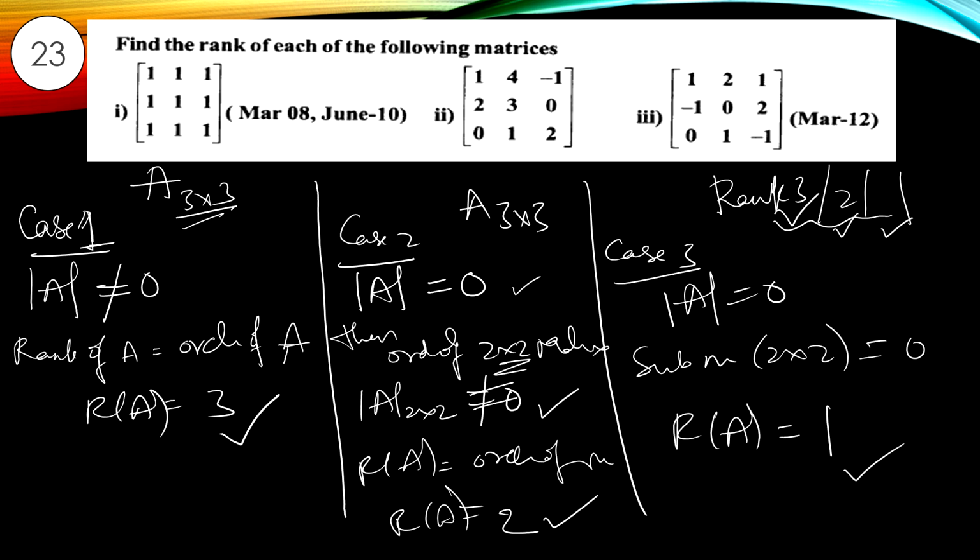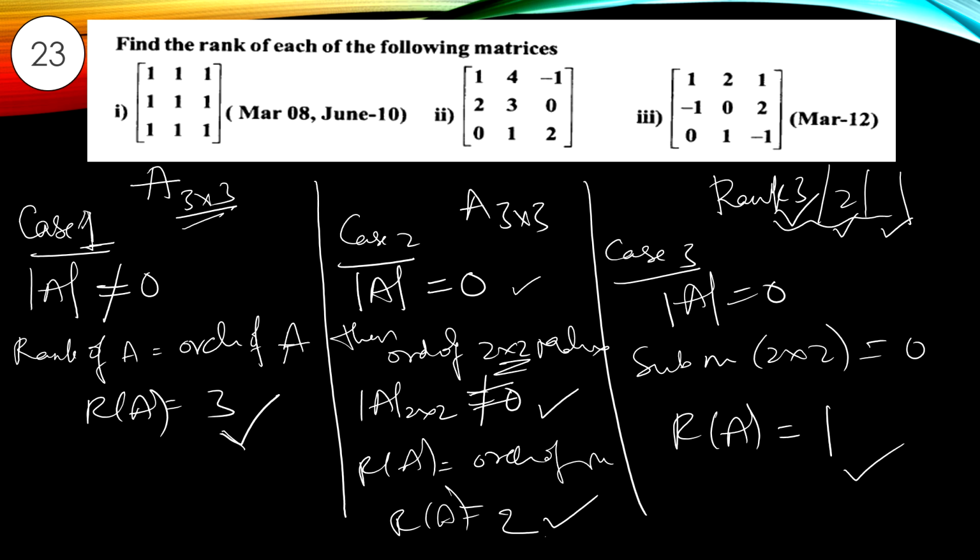So you can say 3 if the determinant is not equal to 0, and if the determinant is equal to 0 and a submatrix determinant is not equal to 0, then you can say the rank of the matrix is 2. And case 3 is if the determinant is equal to 0 and the determinants of all 2 by 2 submatrices are also 0, then you can say the rank of A is equal to 1.